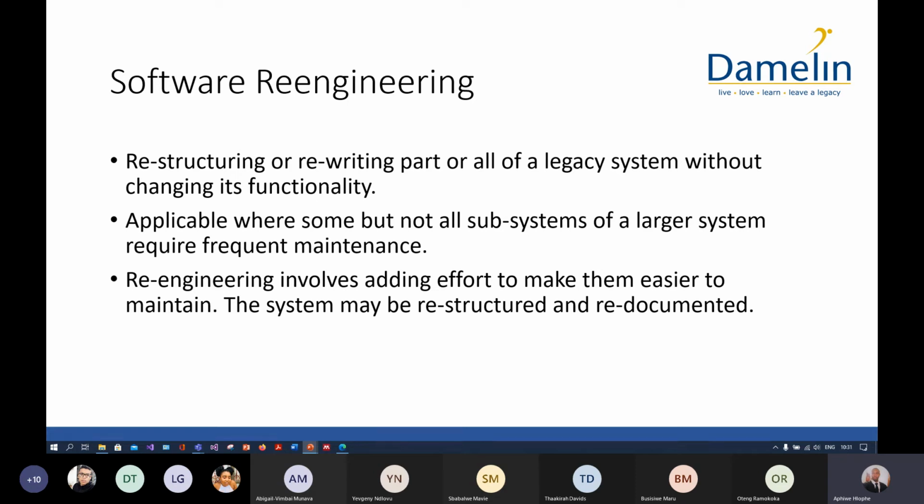The system may be restructured and re-documented. Okay, so re-engineering forms part of making changes to the legacy system. Instead of replacing it, we can change it, we can restructure it, we can re-document it, so that we're able to understand it more easily in the organization.